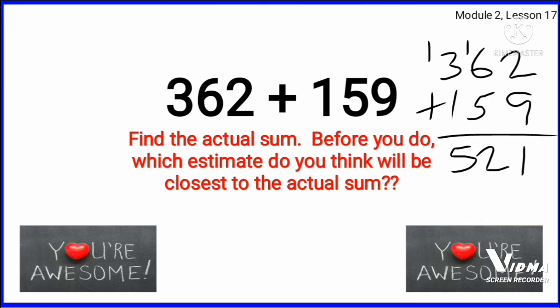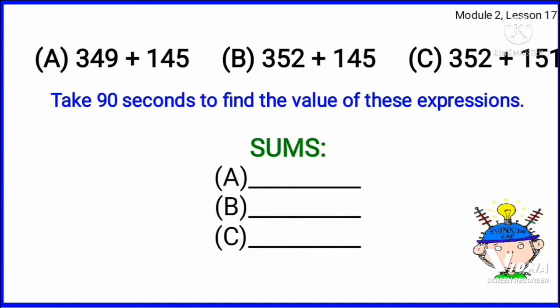All right, so you see for yourself, since the actual answer is 521, which estimate gave us 520? Yeah, you see now, that is the closest. All right, take 90 seconds to find the value of these expressions.